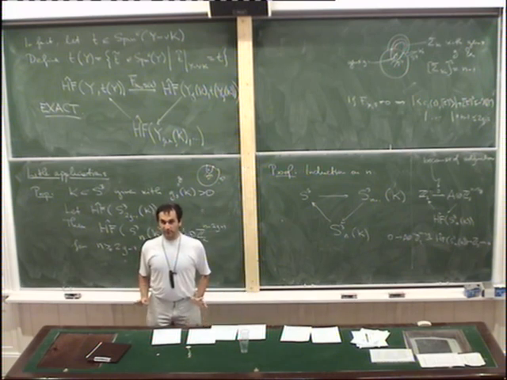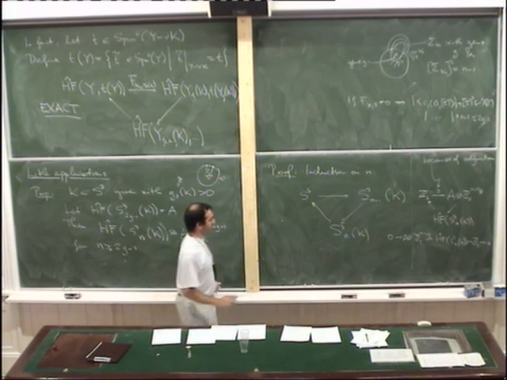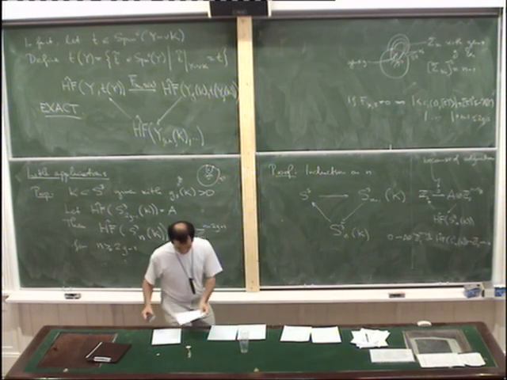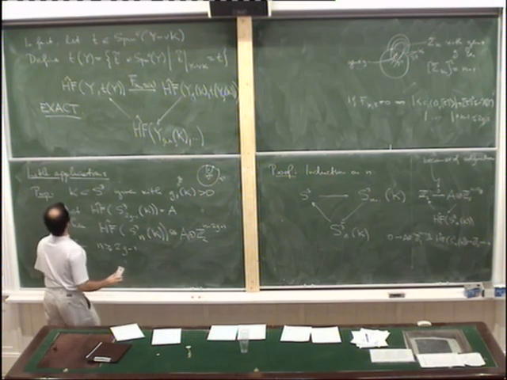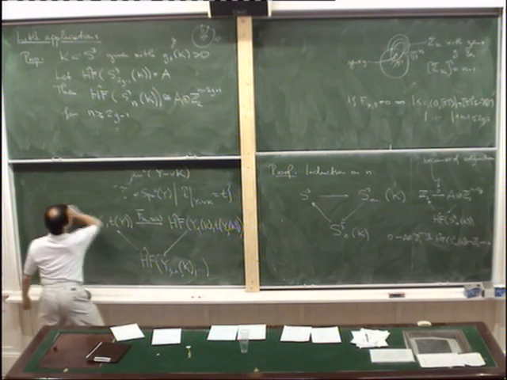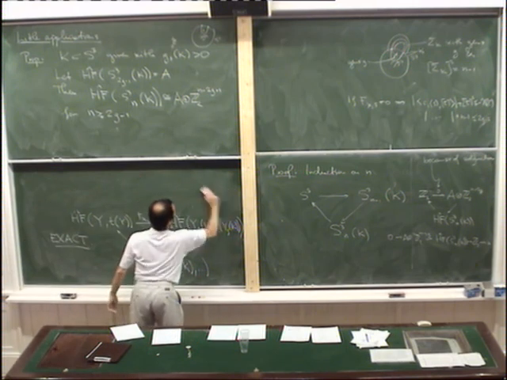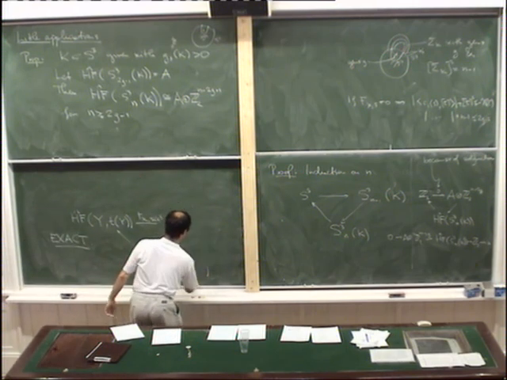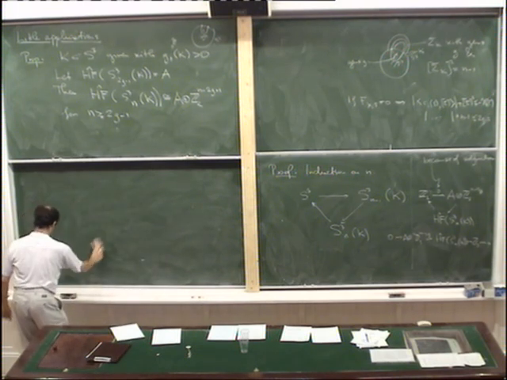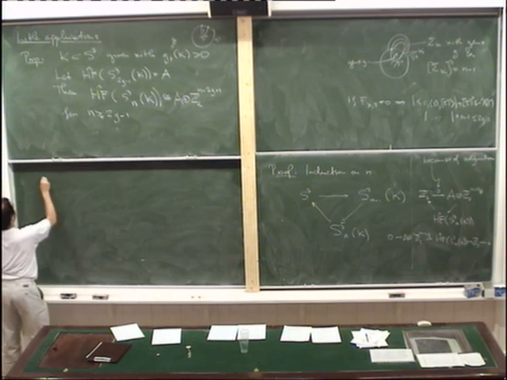Is it clear? So we didn't do too much, right? We just used the adjunction inequality, and we got this. So let me just give you a corollary of this proposition. Okay, a little corollary.